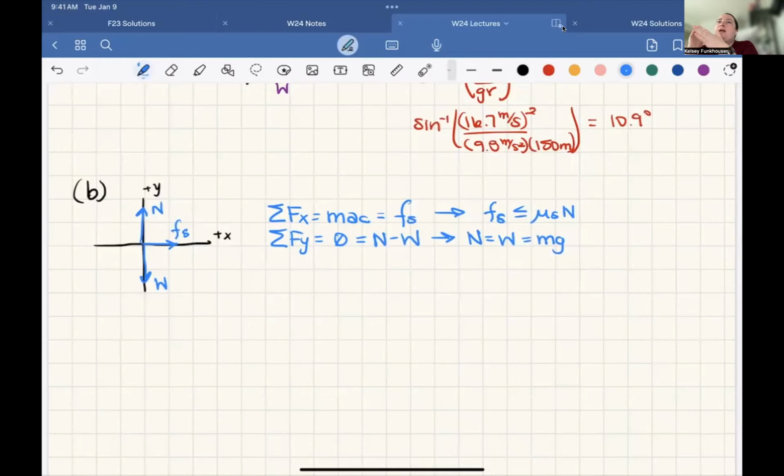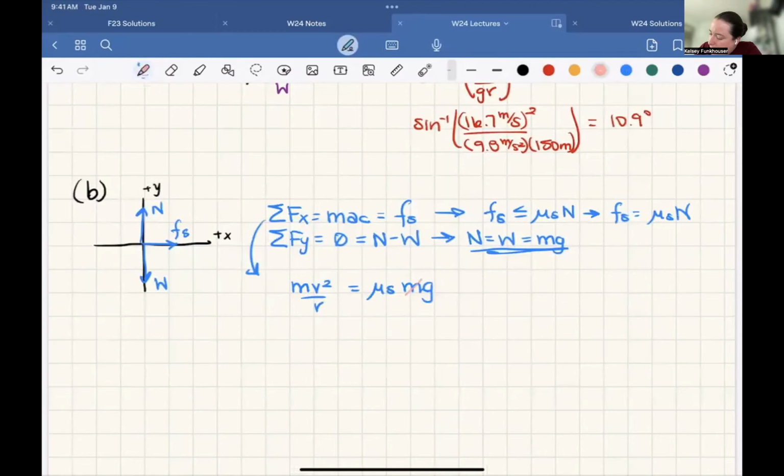When looking for the minimum coefficient of friction, we want to look at the maximum friction force, so we actually want when it's equal. Here we go. We have mv squared over r equals the static friction force, which is the coefficient of static friction times the normal force, which is mg.